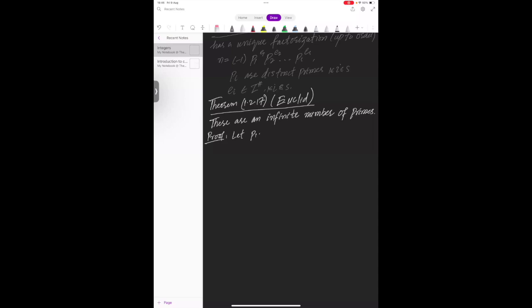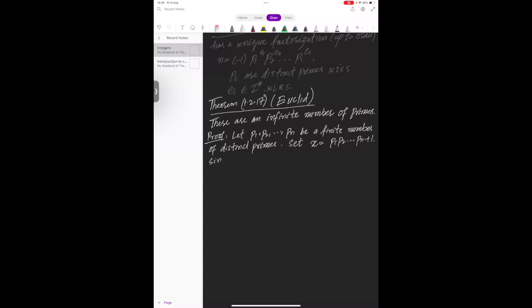Let's say we have a finite number of distinct primes. Let p1, p2 up to pn be a finite number of distinct primes. Say that x is the product of these primes plus 1.